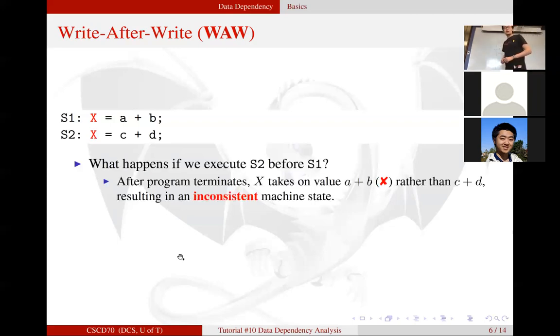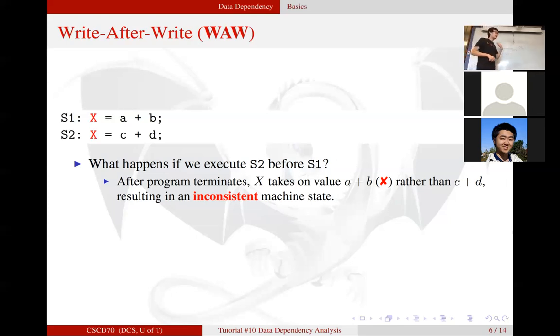As we finish executing those two statements, X takes on the value A plus B rather than C plus D. In the baseline, if we execute S1, S2 sequentially, X will take on the value C plus D as the program terminates.